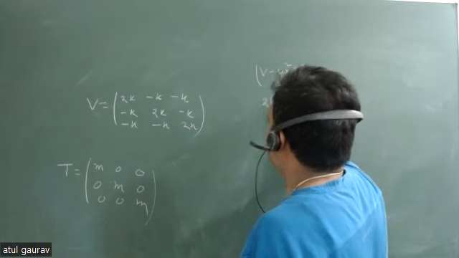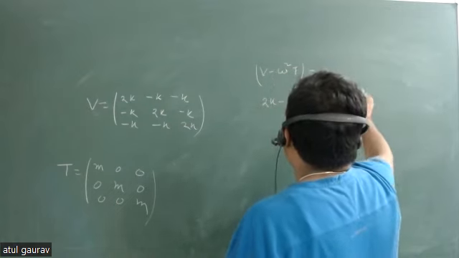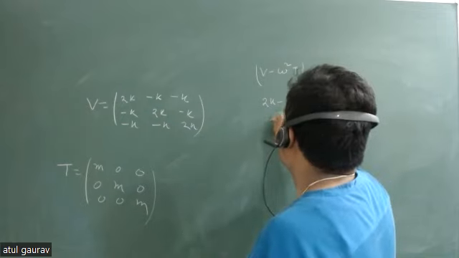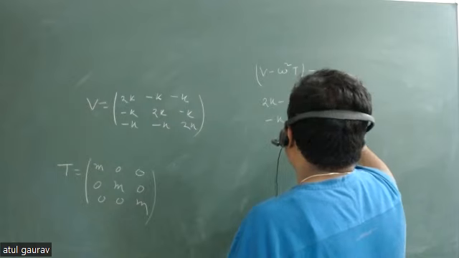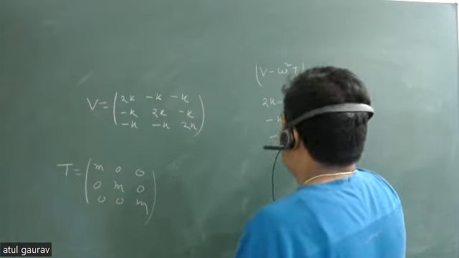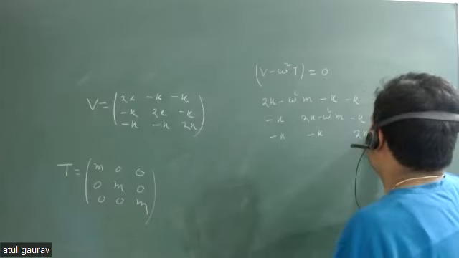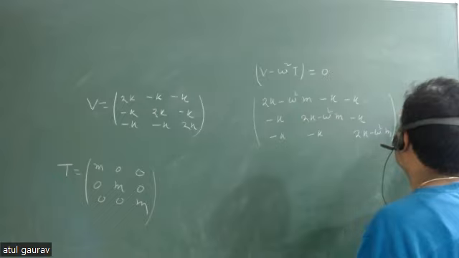So you have 2k minus omega square m, minus k, minus k; minus k, 2k minus omega square m, minus k; minus k, minus k, 2k minus omega square m, must be equal to 0.